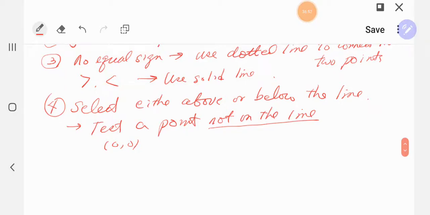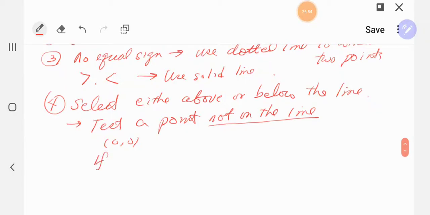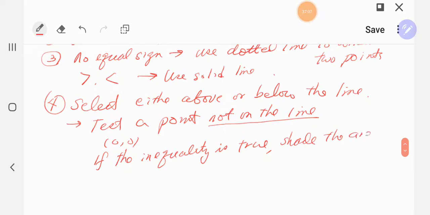Okay, so test the point. If the inequality is true, then what do we do? Shade the area containing the test point.